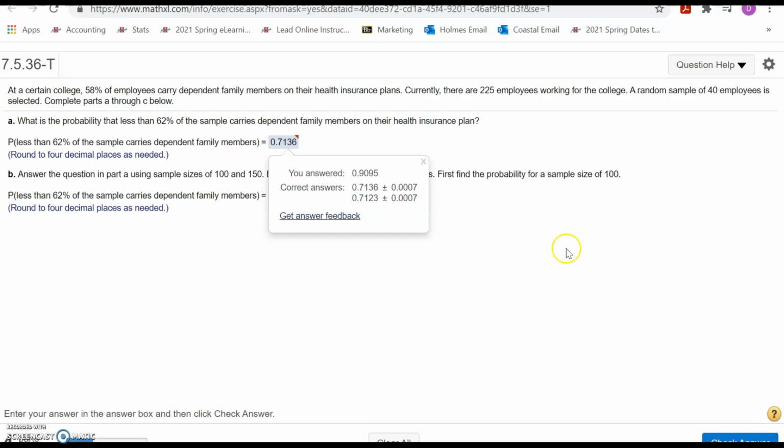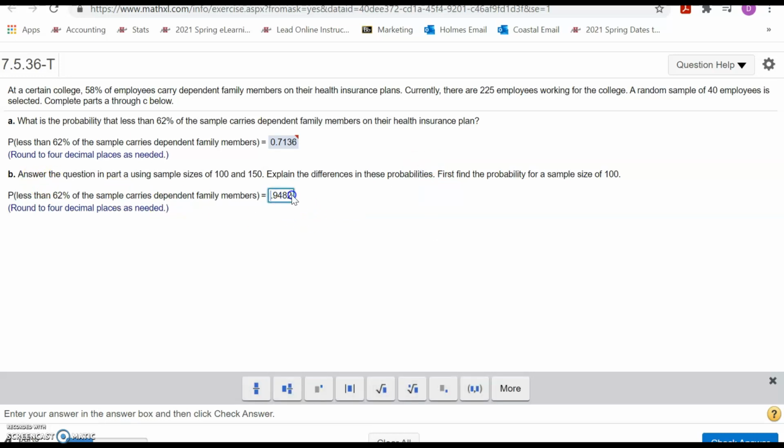So even though we didn't put in less than, it will still give us a close enough answer. Okay. All right. So for the next one, answer the question, but this time we're going to use 100 and 150.